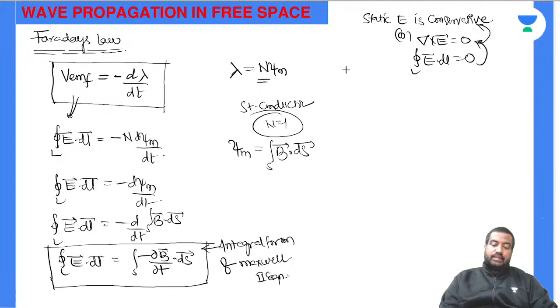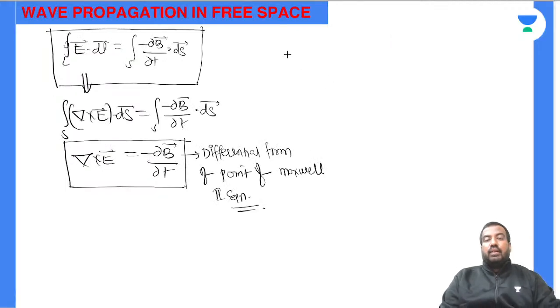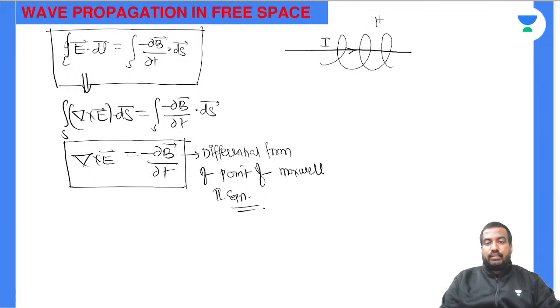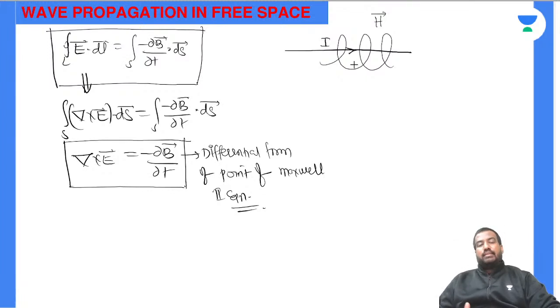Whenever a current is flowing in a given circuit, there will be a static magnetic field around it. Long back in 1820, Oersted proposed this law: wherever there is a DC current, there will be a static magnetic field.